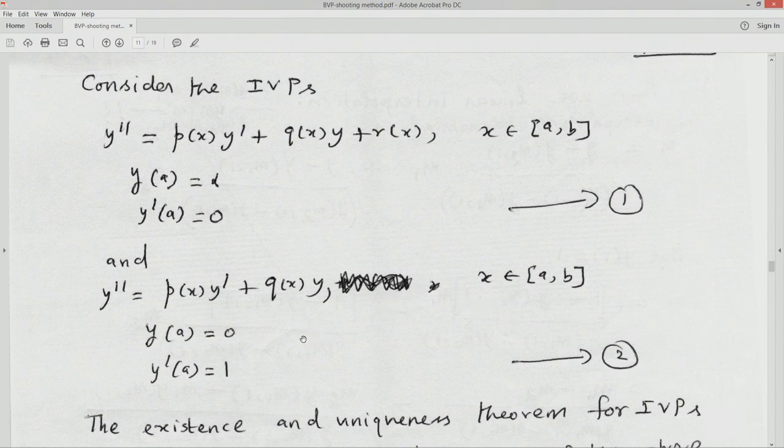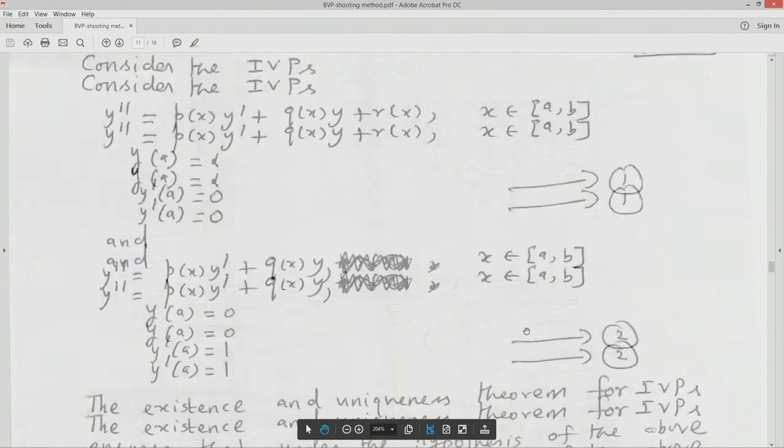So, what should be my initial conditions in this case? We have already described. Take y at the point a to be 0 and you can prescribe y dashed at a to be any non-zero value. So, let us take y dashed at a to be equal to 1. I hope you have understood what the two initial value problems are.